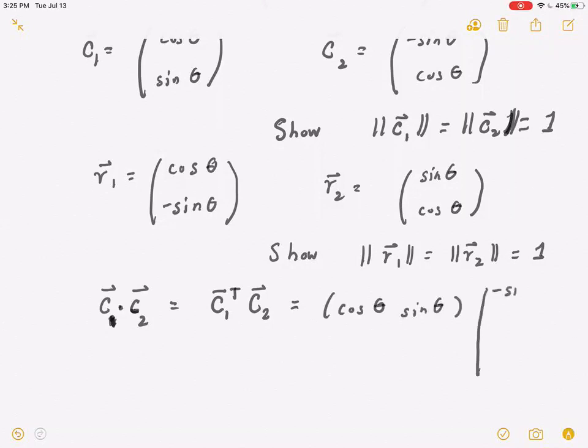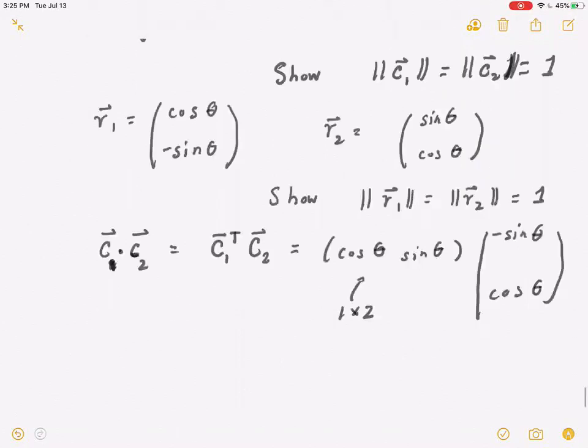The second matrix is a 2 by 1 matrix that has these matrix elements. So this is a 1 by 2 matrix, and this is a 2 by 1 matrix. And you can show that in fact, that is 0. The scalar 0.